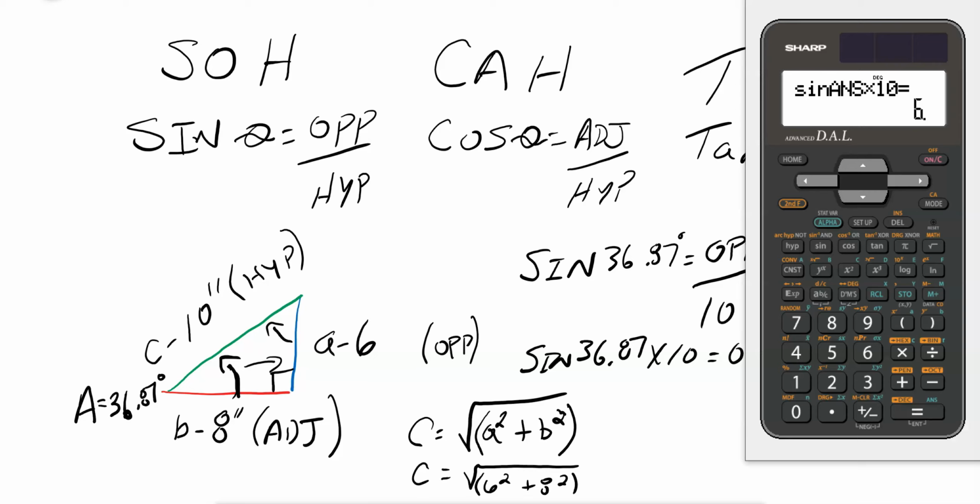Bring up our calculator, clear that out, under square root, put our brackets up. We have 6 squared plus 8 squared, making sure to close our brackets, equals 10. Again, part of the joys of trig is there's another way to make sure you have the correct answer.